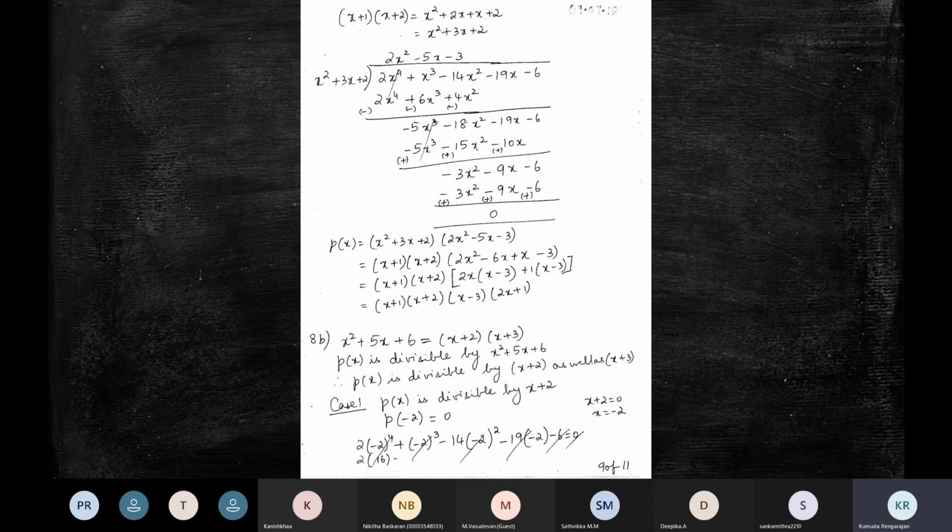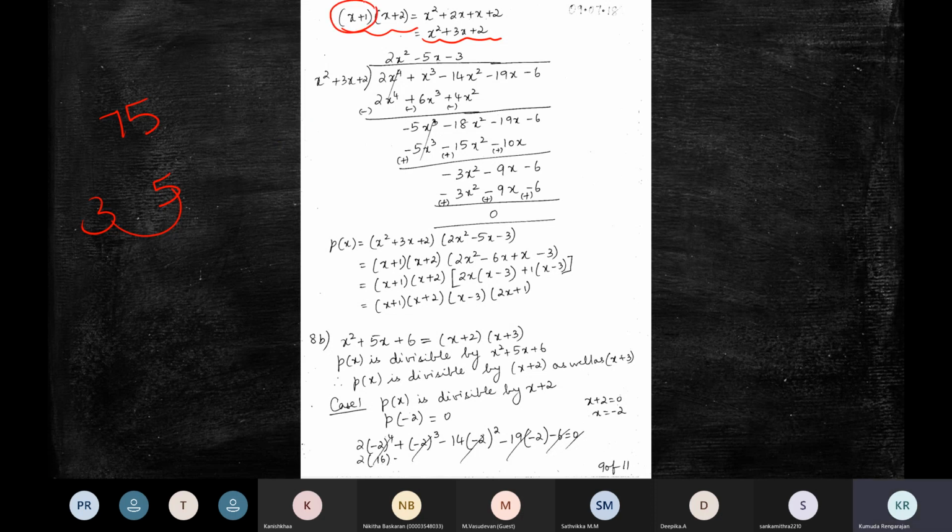Next, we need to multiply these two factors, x plus 1 into x plus 2. Like for 75, 3 is a factor of 75. 5 is a factor. 5 into 3, 15 also is a factor of 75.